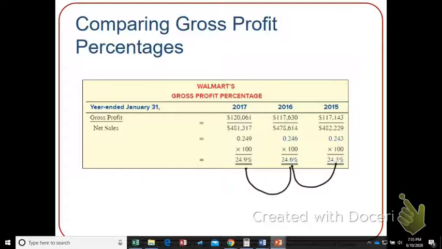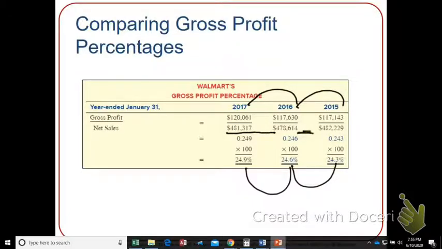If you look at their gross profit, it went up by $500,000 from 15 to 16, and it went up by $2.5 million from 16 to 17. So even though it went up by $2.5 million from 16 to 17, it still only went up by 0.3. And that's because the sales went up by the same amount.